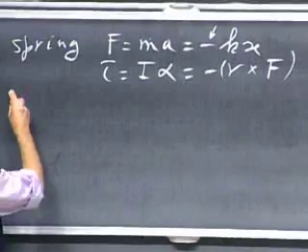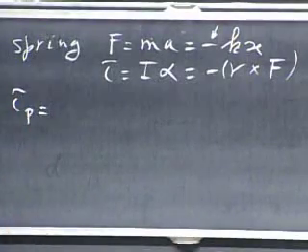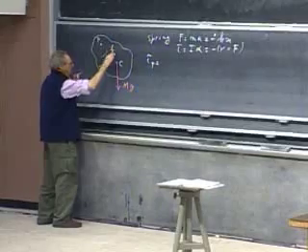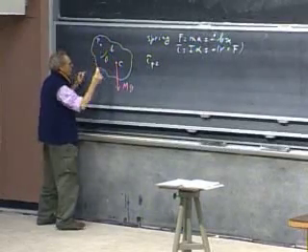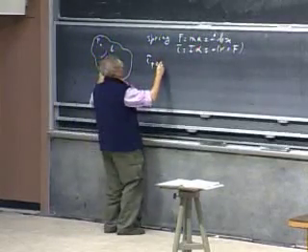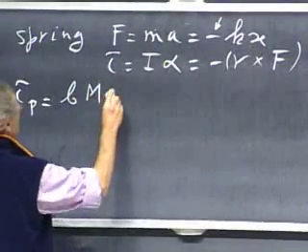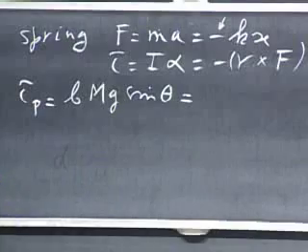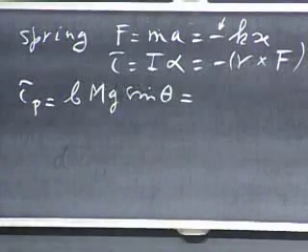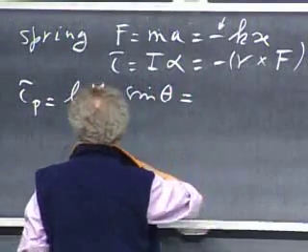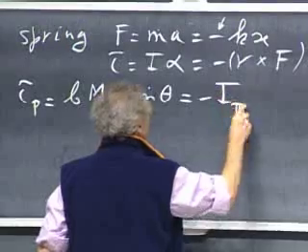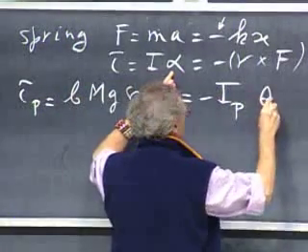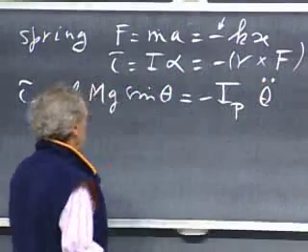So if I take the torque relative to point P, then I have this position vector which has magnitude b, the force is mg, and I have to multiply by the sine of theta. So I have b times mg times the sine of theta, and that now equals minus the moment of inertia about point P times alpha, and alpha is the angular acceleration, which is theta double dot.